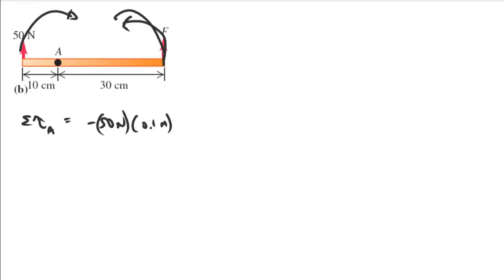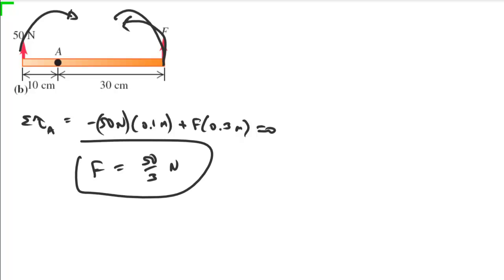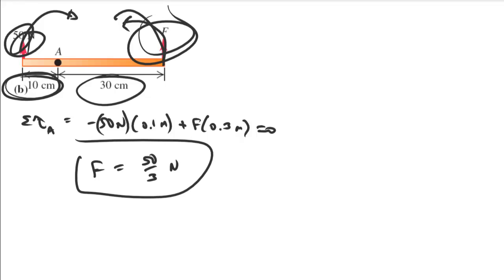And so then it's going to be plus F times 0.3 meters equals 0. And solving this, we have F is equal to 50/3 of a newton, which is the same relationship we ended up with previously. This moment arm is 1/3 of this one, so this force must be 3 times as much. The 50 newtons must be 3 times F, or F is just 1/3 of the 50, right? 3 times the moment arm, 1/3 of the force.